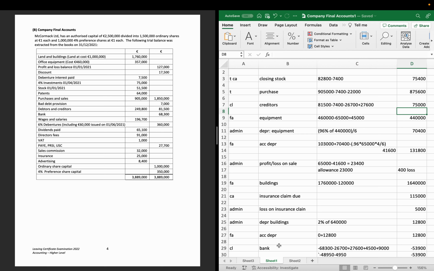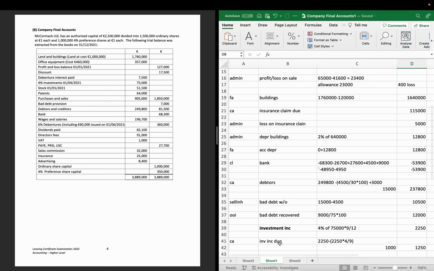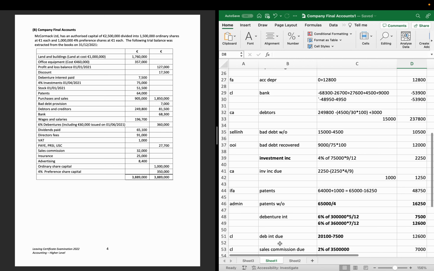So 75,000. Bank is 53.9, and debenture interest due will be 12.6. You also have sales commission due of 7,000. So we'll get those in.